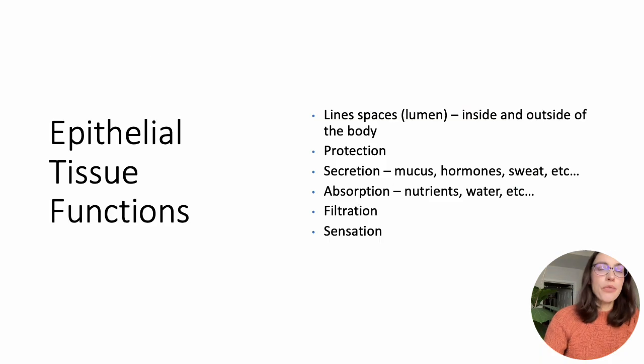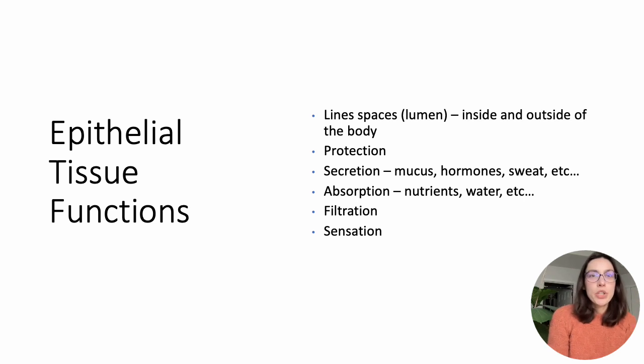So let's look at some functions of epithelial tissues. As I already mentioned, they line spaces, and it can be the actual outside of your body, but also the spaces or lumen inside of your body. It's used for protection from being rubbed or hurt. Think of your skin again.